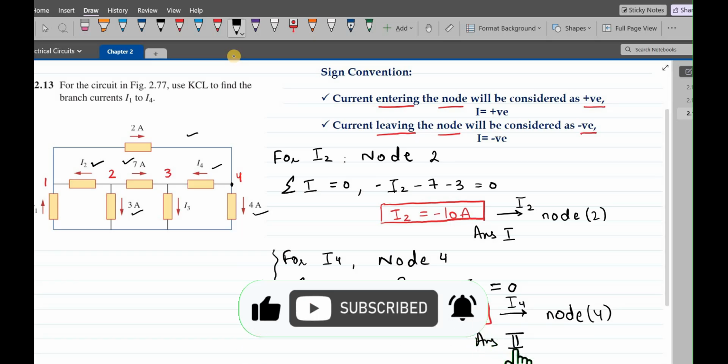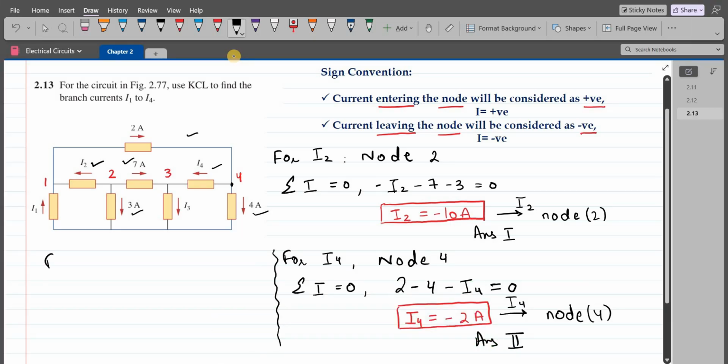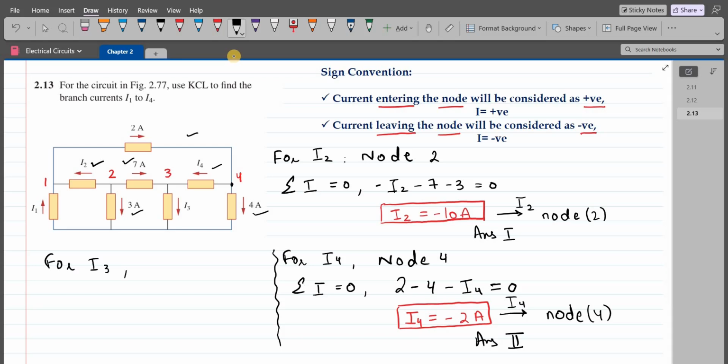Now for the current I3, we can consider the node 3 and again applying the KCL, summation of current entering and leaving the node equals 0. 7 ampere and I4 are entering the node, so they will be considered as positive. I3 is leaving the node, so it will be considered as negative.